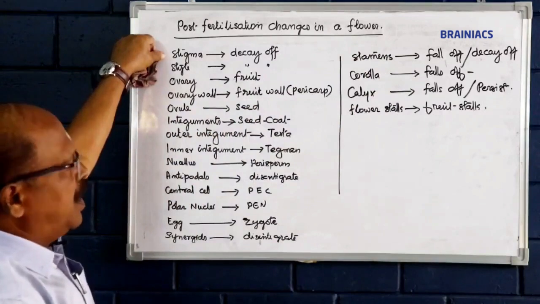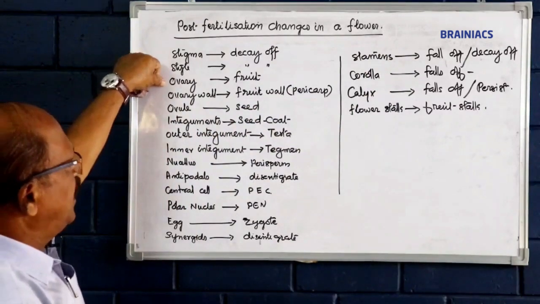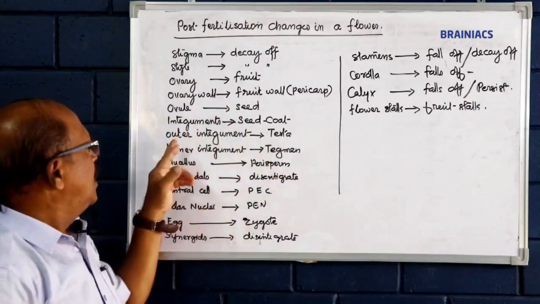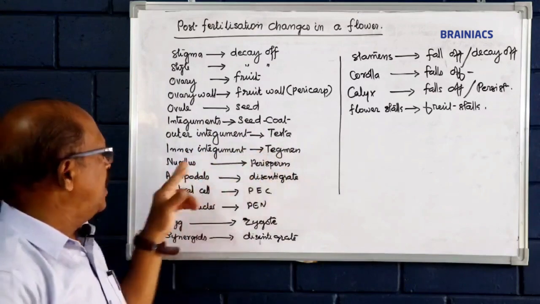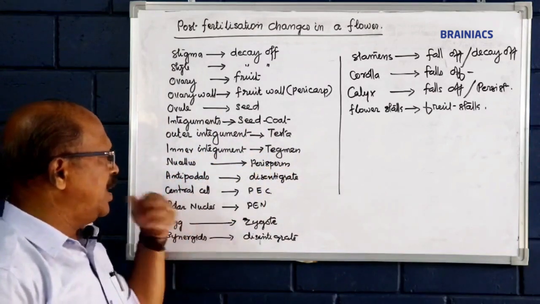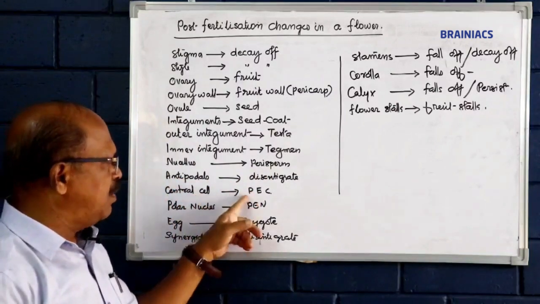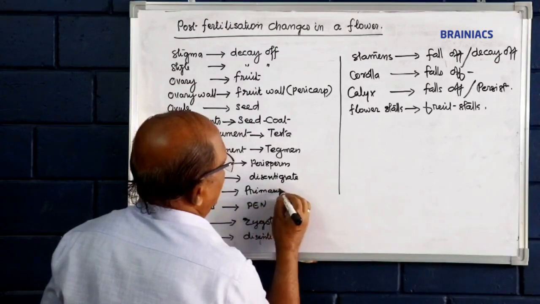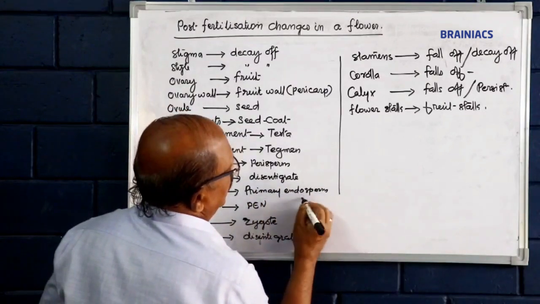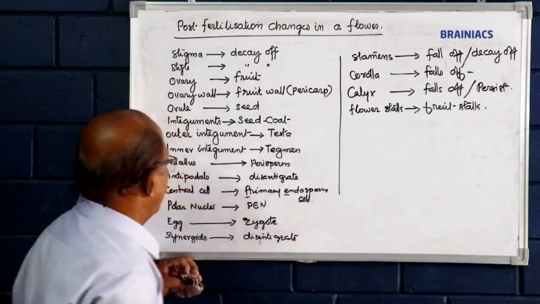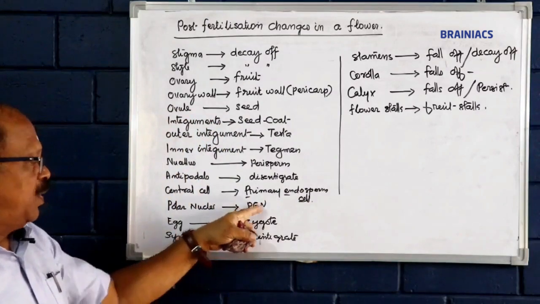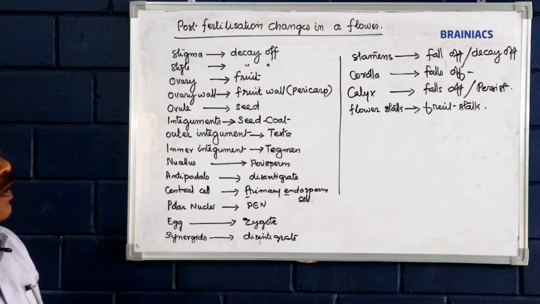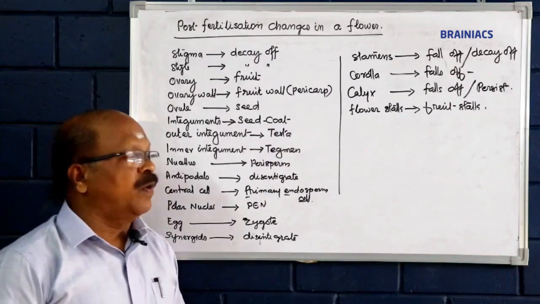So we know the stigma decays off, style decays off, ovary becomes fruit, ovary wall becomes fruit wall, ovule becomes seed, integuments become seed coats, outer integument testa, inner integument tegmen, nucellus becomes perisperm, antipodals disintegrate, central cell becomes primary endosperm cell, polar nuclei become primary endosperm nucleus, egg cell becomes zygote, synergids disintegrate, stamens fold off or decay off, corolla folds off, calyx folds off or persists.